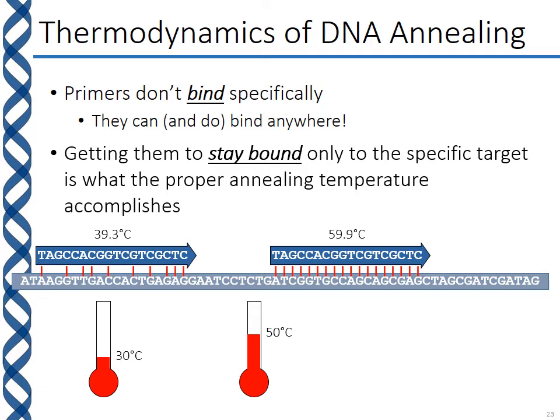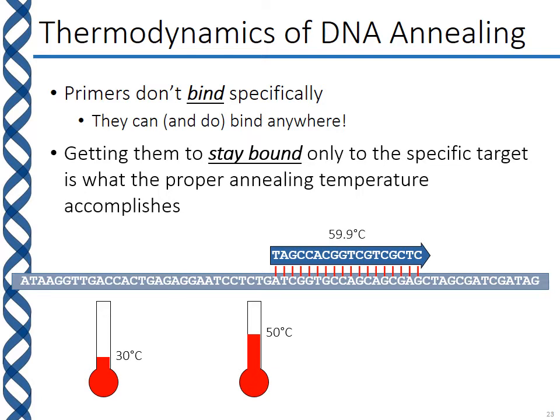If we increase the temperature to 50 degrees, now we're applying even more thermal energy into the system, 50 degrees worth of energy. That allows us to break the hydrogen bonds on this other location, and that primer is unable to bind, and therefore you will not be able to generate a PCR product off of that location.